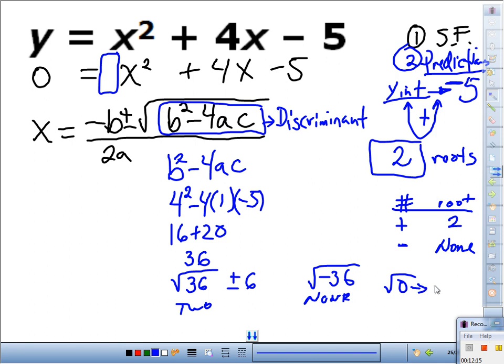What is the square root of 0? 0. So is there a solution? Yes, 0, which is 1. So if I get the number 0, there would be 1 root. This is the table that you need in order to know how many solutions you're going to get on your prediction. Everybody understand what I did? Copy that, please.